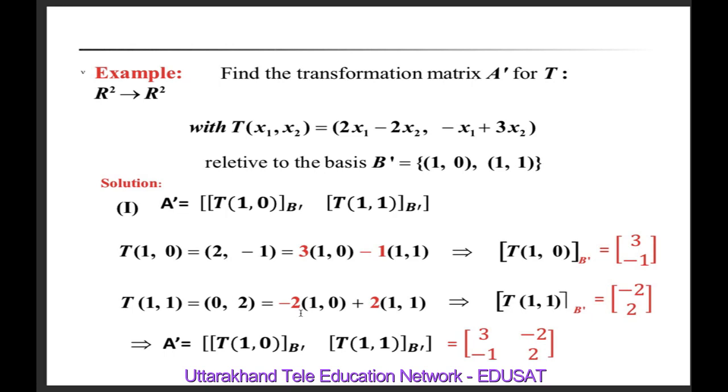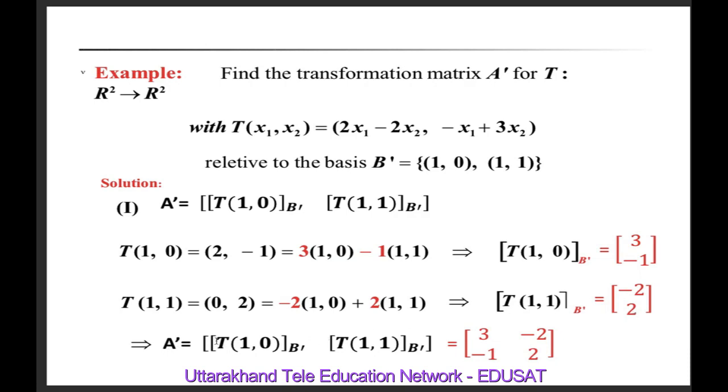So we find y equal to 2. If we substitute y equal to 2 in the equation x plus y equal to 0, we get x equal to minus 2. So I have written minus 2 here. So [T(1, 1)]_B' is equal to (minus 2, 2).